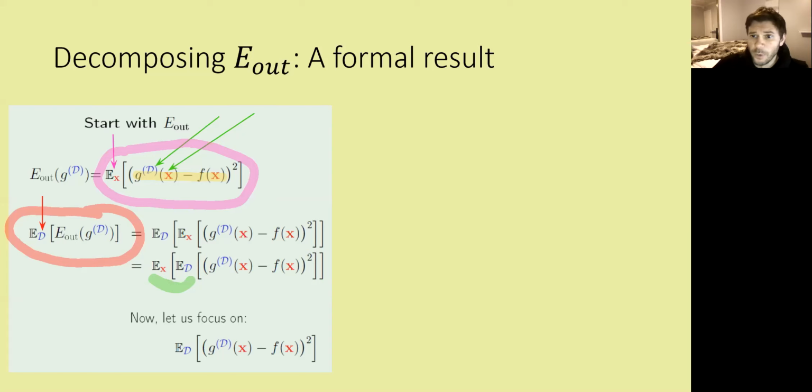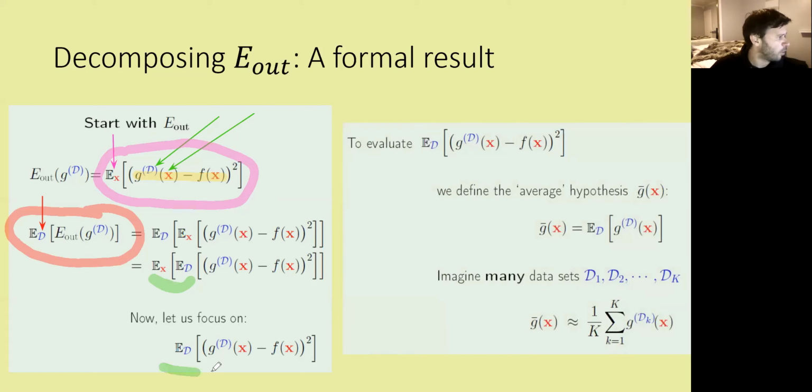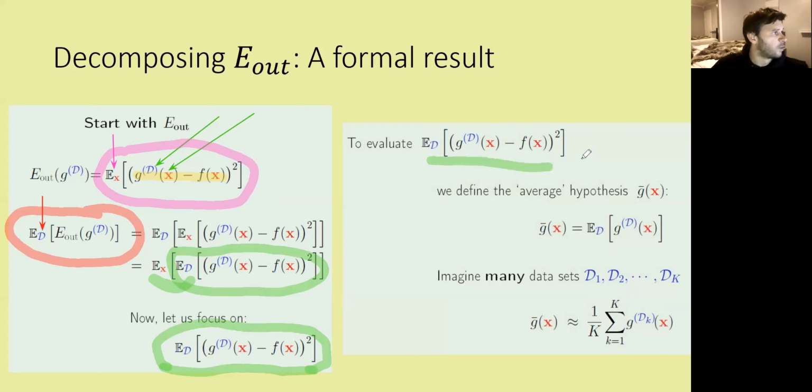What we want to do is evaluate this expression for the out-of-sample error, and in order to evaluate this term, we're going to look at the expectation taken on the inside of this step. That is exactly what this term is, and we want to evaluate that thing. To do that, we're going to define something kind of strange also, the average hypothesis. But it's the average hypothesis not with respect to the X variables, but the average hypothesis across the data.